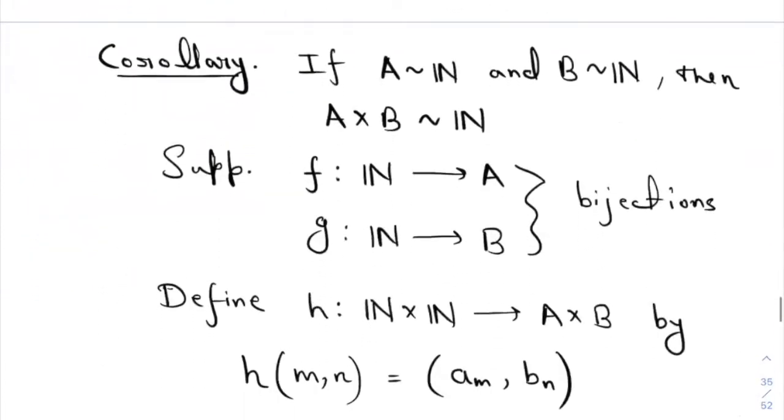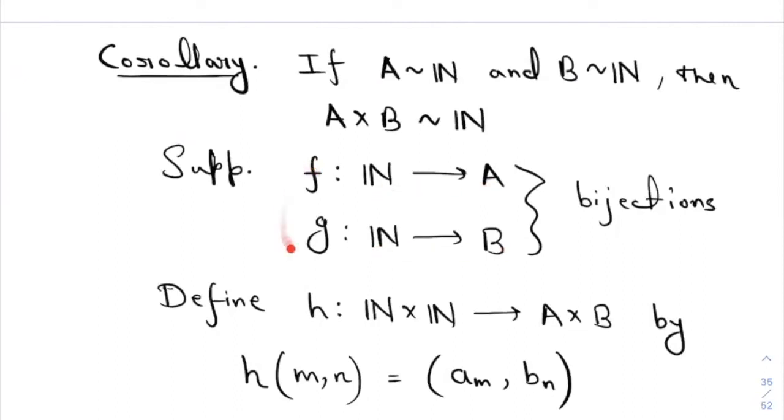The next point is how we are going to use that. N cross N is similar to N, so if A and B are countable, then A cross B is also countable. That's because if A is countable and B is countable, then you have a bijective map f from N to A and a bijective map g from N to B as well.